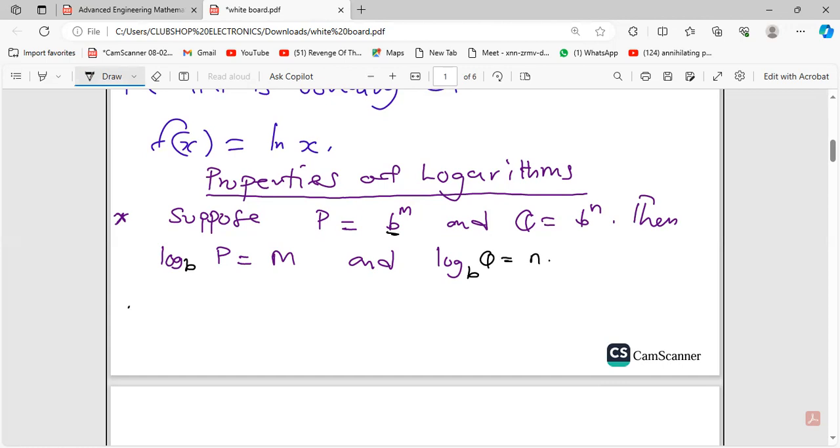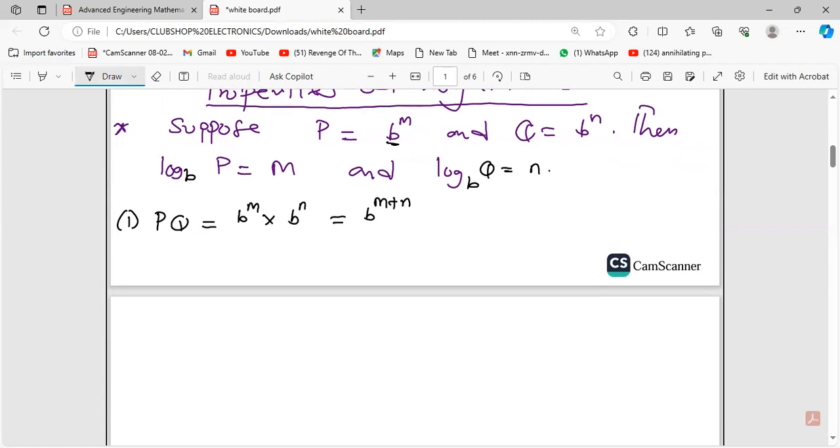Now, if I have PQ, it simply means my P is B to the power M by B to the power N. Now, by the rules of indices, if the bases are the same, we add the powers. This is the same as B to the power M plus N. Now, what does it mean?